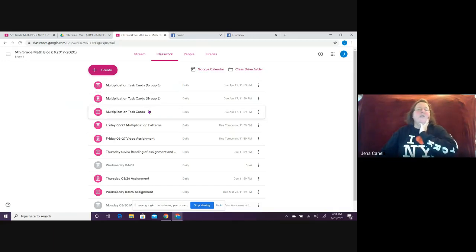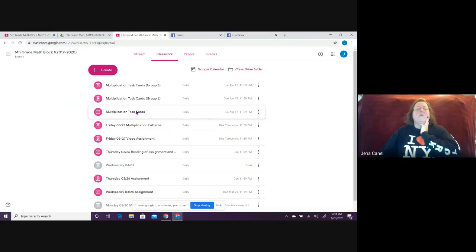These do get gradually harder as you go further through the task card. So I want you to start with the first one. These are not due until April 17th. But these are for you to start working on, and especially if you are struggling with 2-digit by 2-digit multiplication or word problems in general that are multi-step, we need to start working those out in the Google Meet.